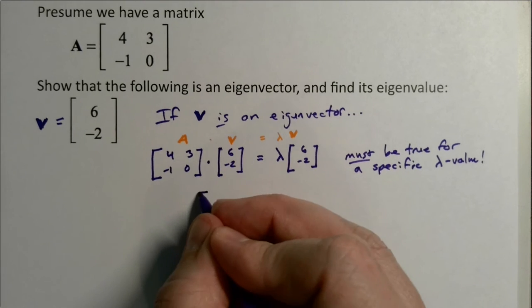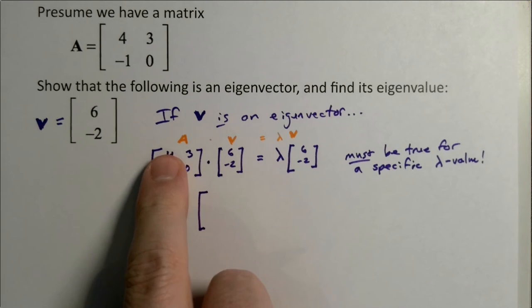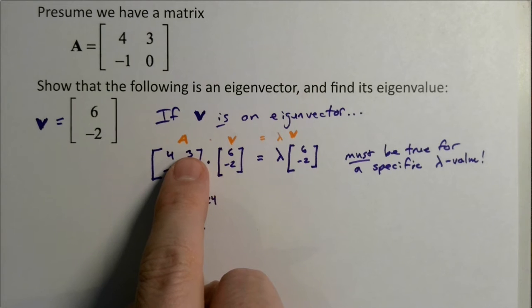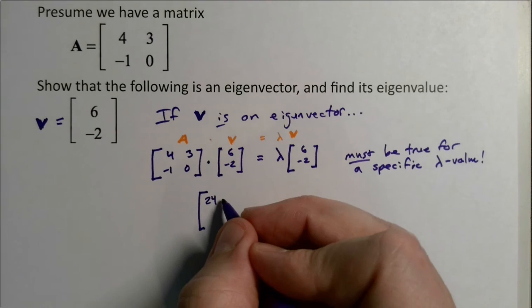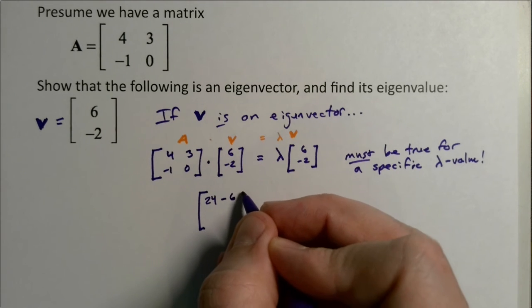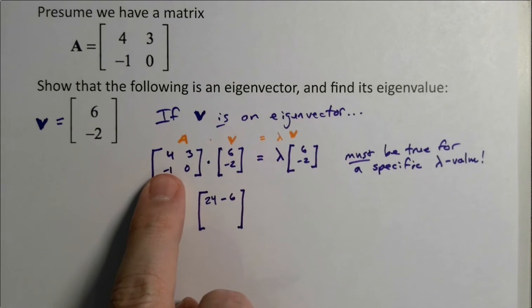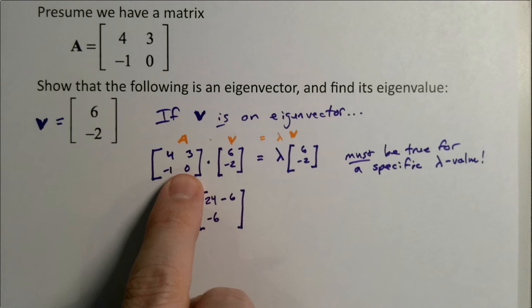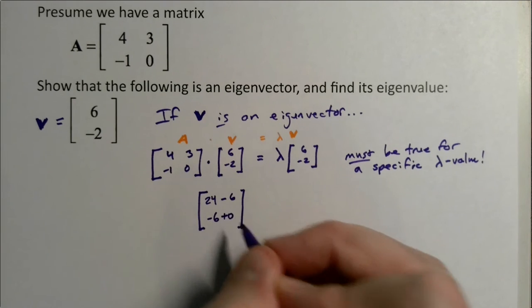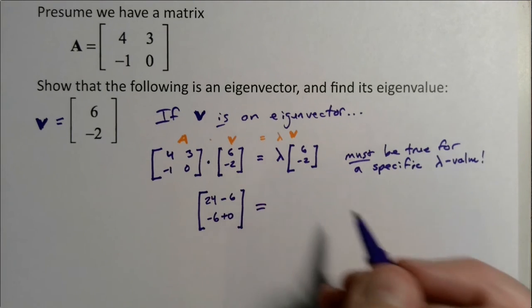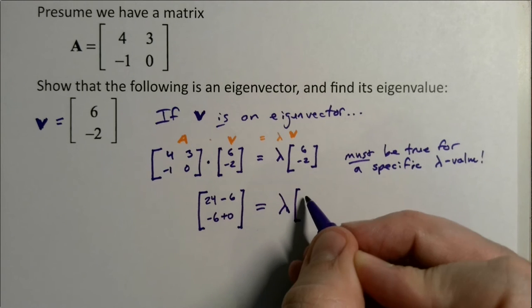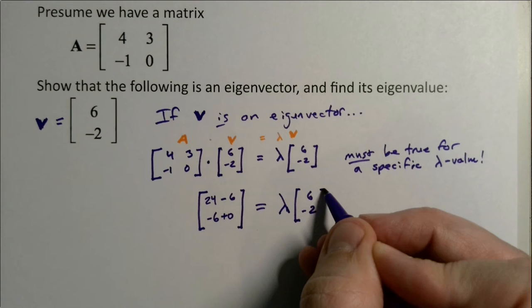so we're going to wind up with a 2 by 1. And in the top, it's going to be 4 times 6, so that's 24, plus 3 times -2, so minus 6 on the top. And on the bottom, it's -1 times 6, plus 0 times -2. So that has to be equal to some lambda times 6, -2.